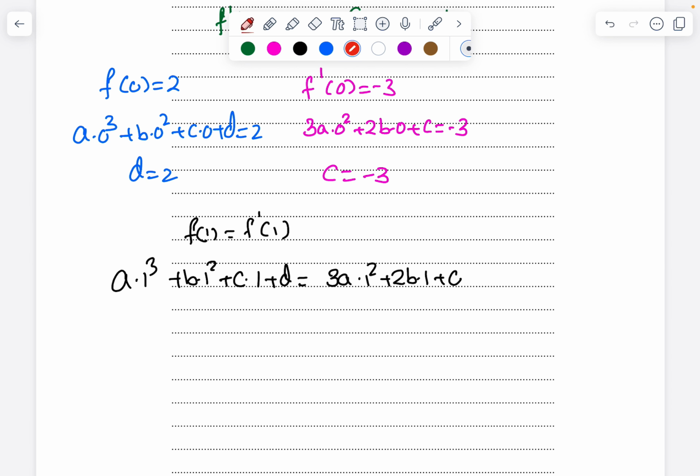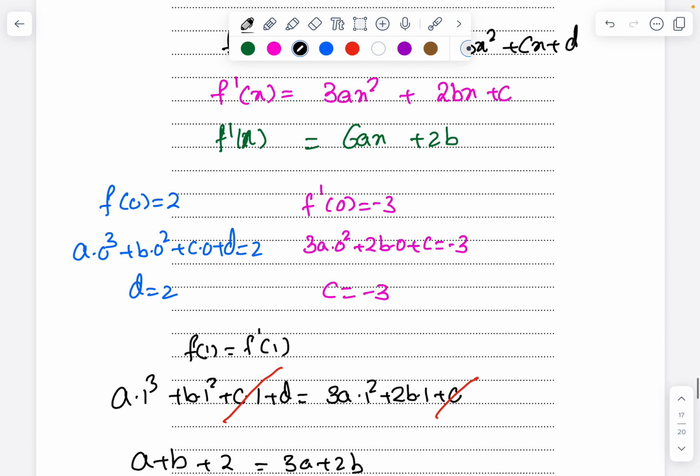So we can see that c and c cancel, and a plus b plus 2 equals 3a plus 2b. So it becomes 2a plus b equals 2. That is one condition.